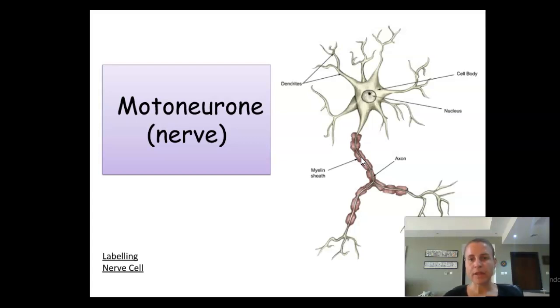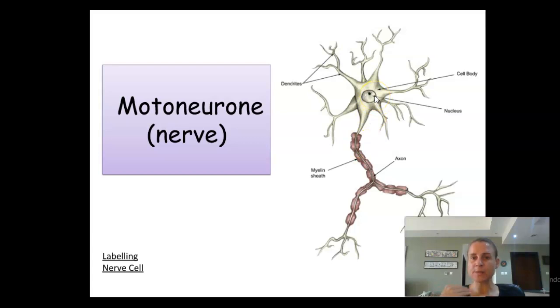In between each of these, so imagine you've got your pencil, you've wrapped an area with tape around, okay? Then you leave a little space and then you wrap tape around the next place. That space is really, really important, and it's called the node of Ranvier. And if you click on a couple of slides in the presentation, you'll see how to spell that. Okay?